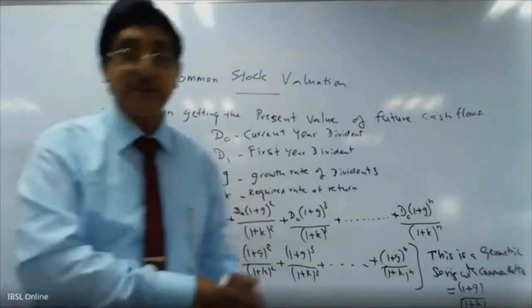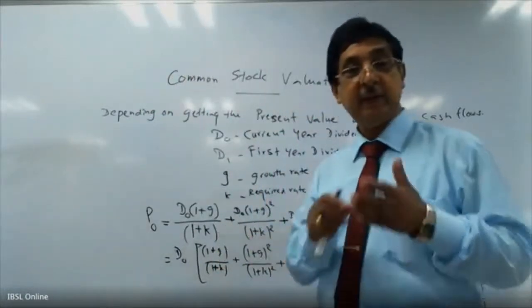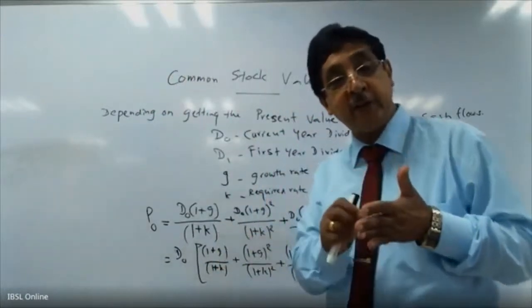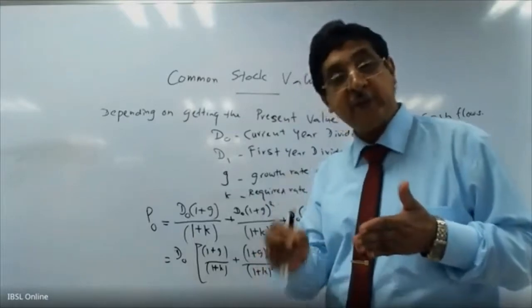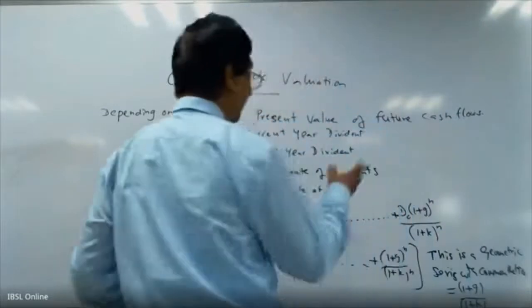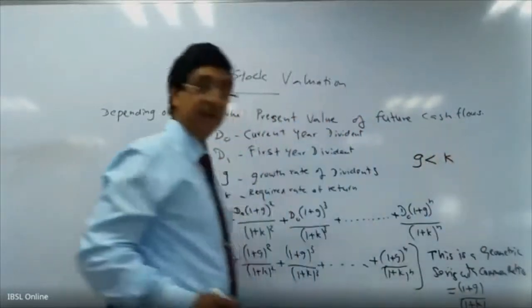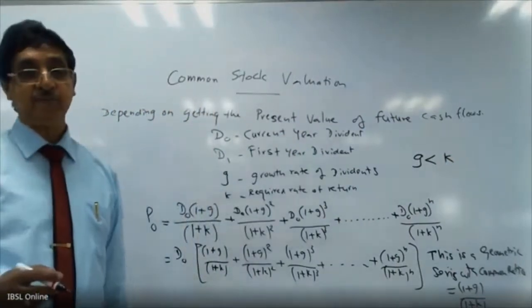In order to value this, there's a condition: dividend growth rate should be lower than the required rate of return. Now we can just put it in symbols: g is less than k.